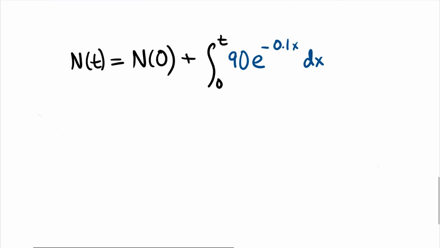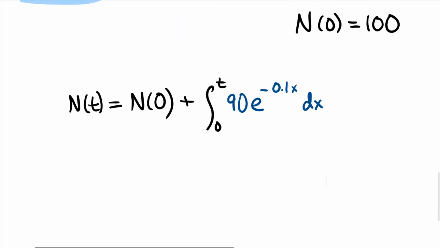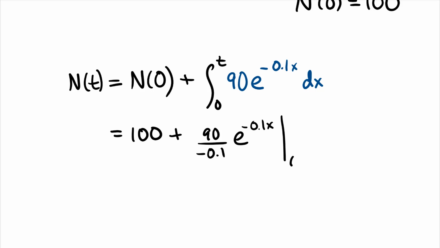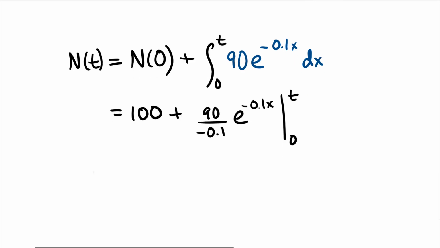So let's go. Our N of 0 was 100, so we replace this with 100. And now let's find the antiderivative. I'm going to jump through this a little bit and call this 90 over negative 0.1 e to the negative 0.1 x evaluated from 0 to t. I'll let you figure out how that is done. I swore again. Gosh, I gotta stop swearing.